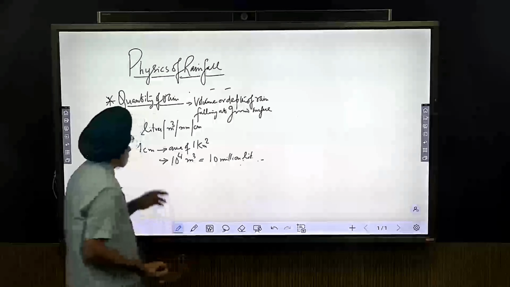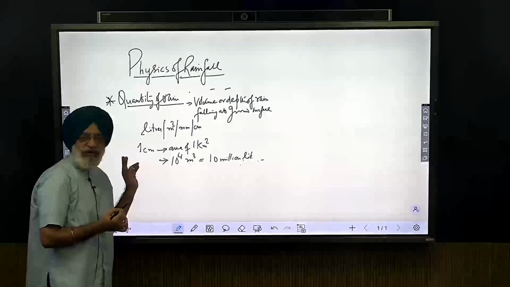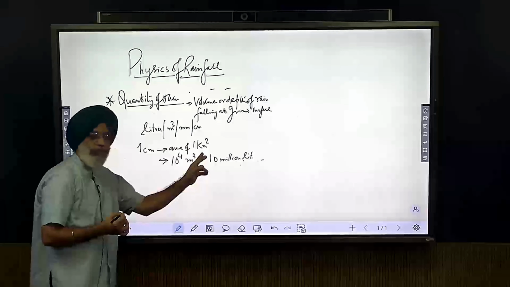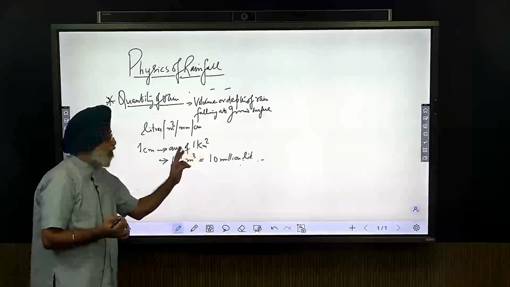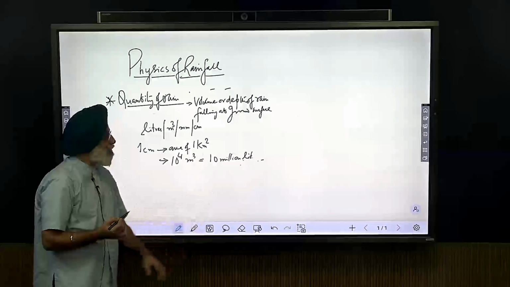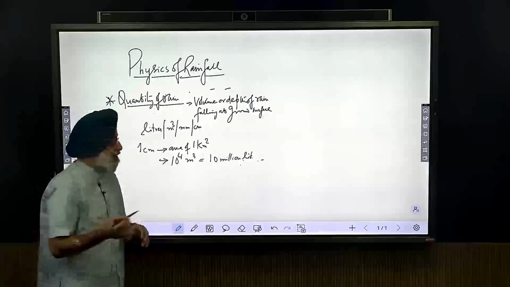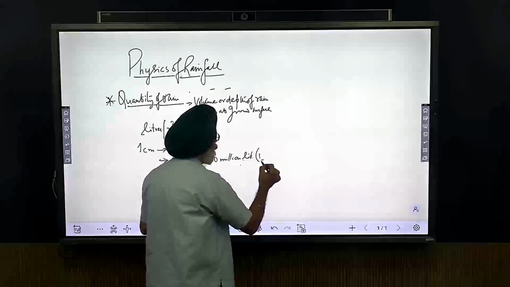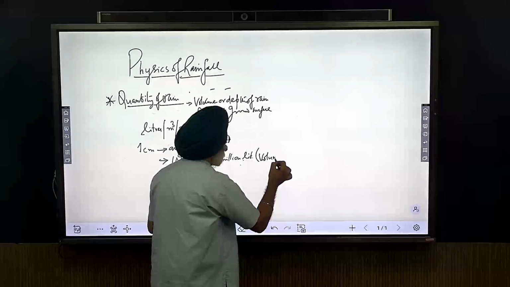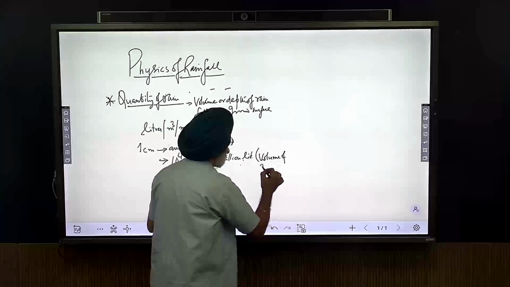So, see the importance. Simply 1 centimeter of rainfall falling on an area of 1 square kilometer amounts to 10 million liters. This is the volume of rain water.